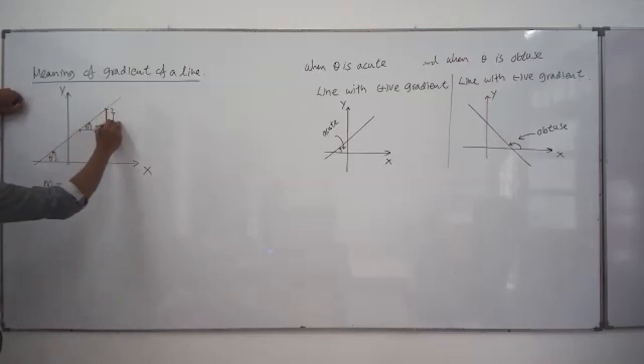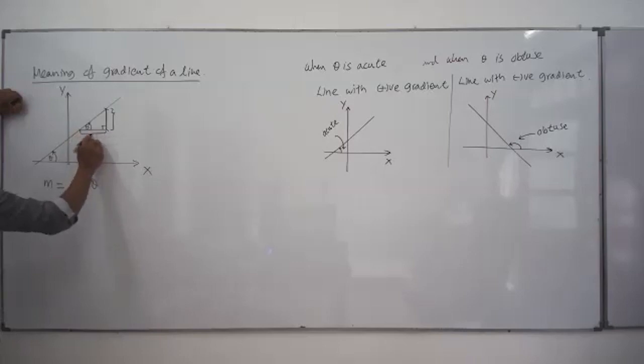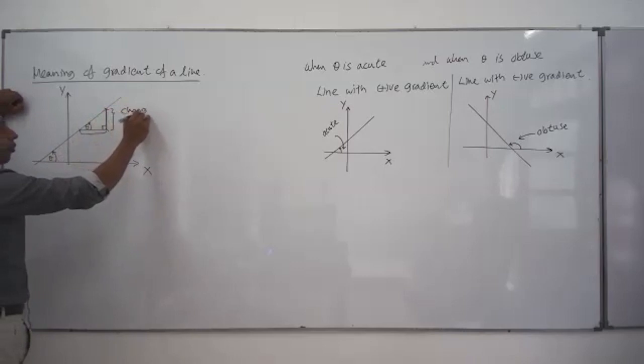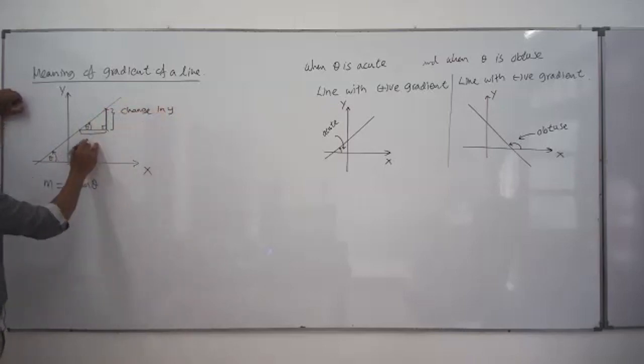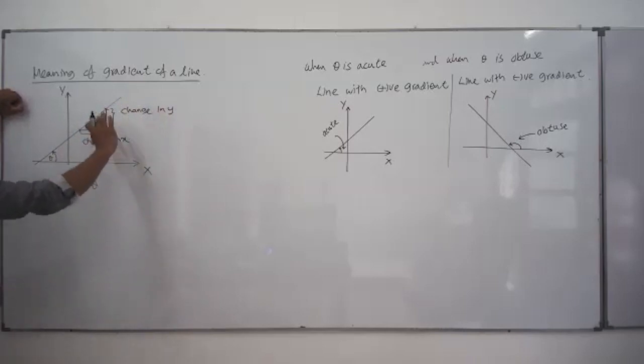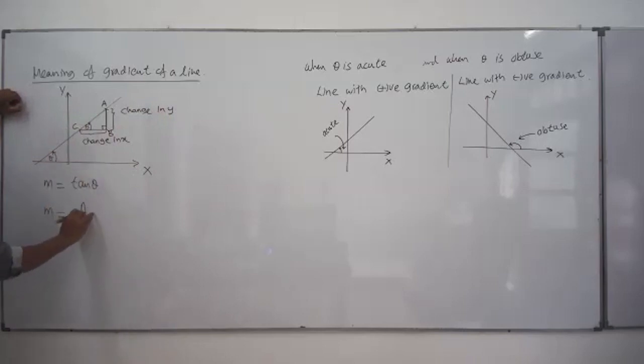This change, this change. This is what? Change in y. This is change in x. Then tan theta means opposite side divided by the adjacent side. Let us take this as A, this point B, this point C. Then we can write M equals AB divided by BC.